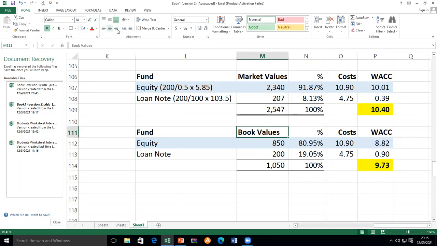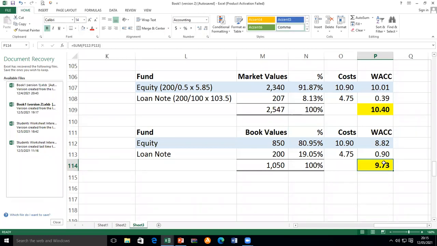Have you seen the effect of using book values? We have understated the weighted average cost of capital. Why? There's a big difference between market value of equity and book value of equity.